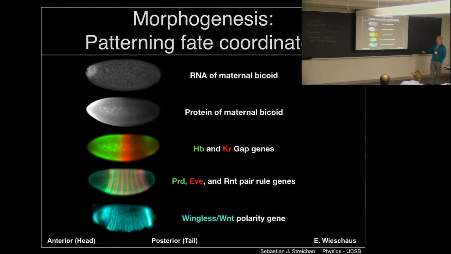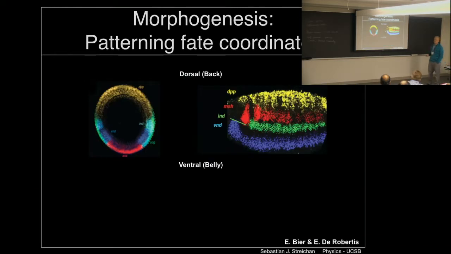And then finally, you arrive at genes called segment polarity genes, which are found at the edge of a segment, for example, and which are down to single-cell precision. So there's basically an understanding that this anterior-posterior axis gets patterned in a very precise way, so that down to the single cell you know where you are. And in a very similar way, you can think about the dorso-ventral axis of these embryos.